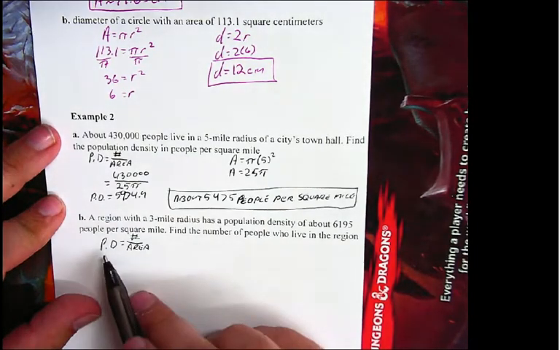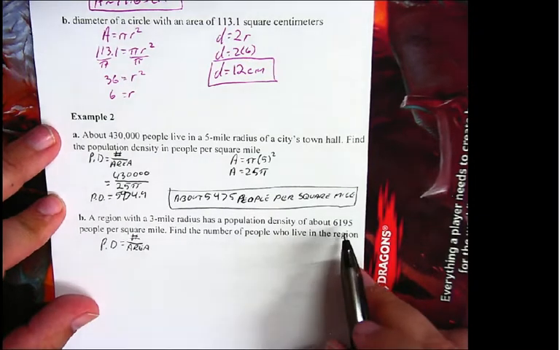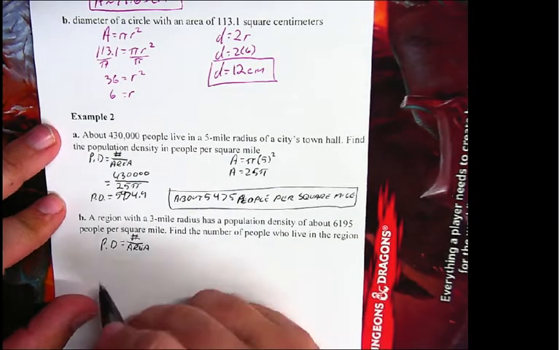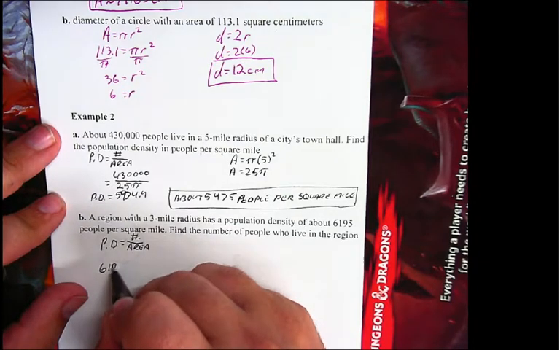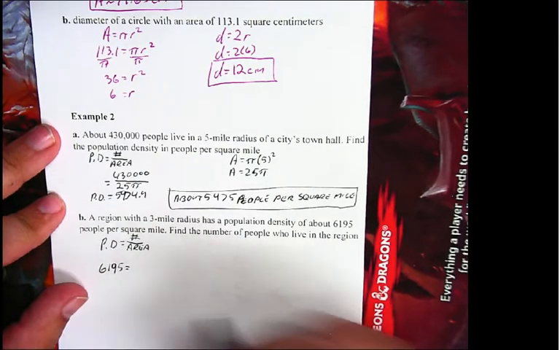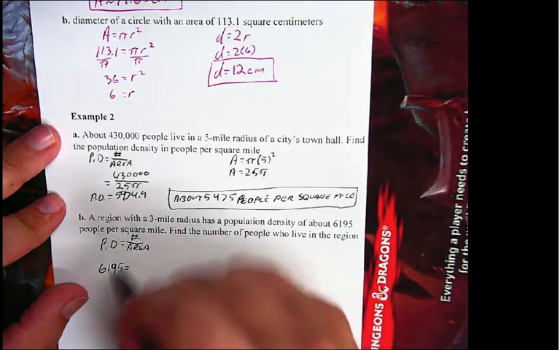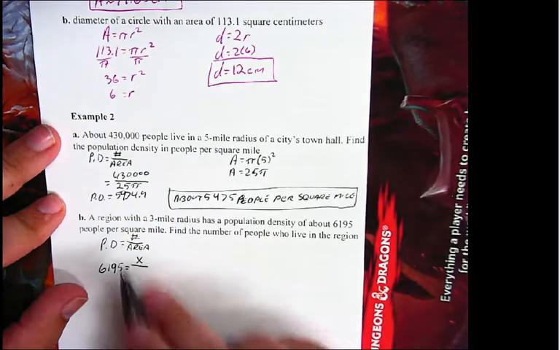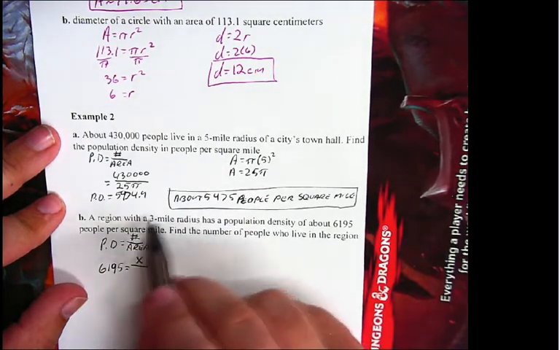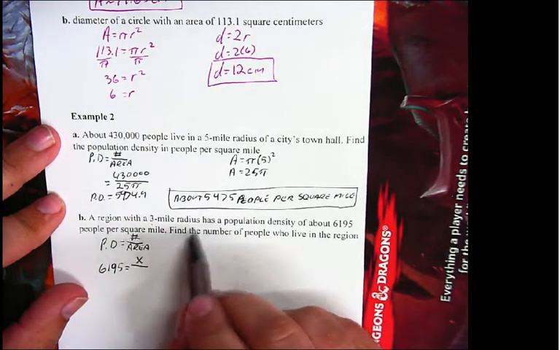Okay, so population density, I already know, that is 6,195. I'm going to plug that in. 6,195 equals the number of people, I don't know that, so I'll put X, over the area, which I also don't know, but I did get this right here, 3-mile radius.